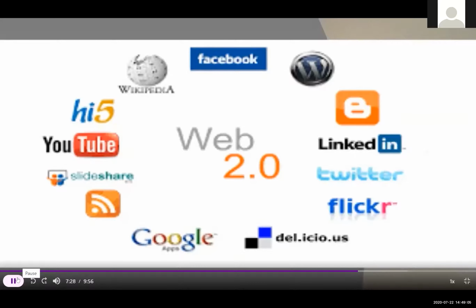You have closed assignments on Moodle, or open assignments on a wiki or on other platforms, whatever platforms you have used.